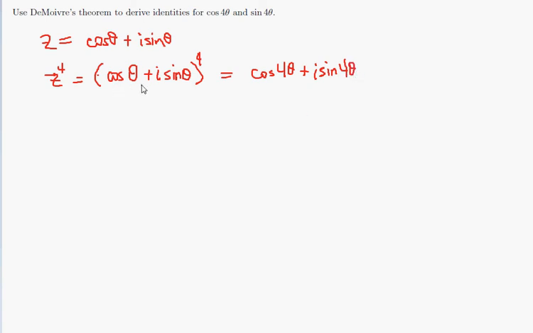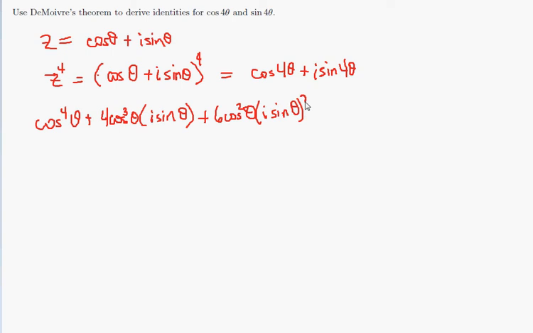Okay, now let's see what happens if we just simply multiply out the left-hand side. Using Pascal's triangle, the left-hand side is cosine of theta to the fourth power plus 4 cosine cubed times i sine theta plus 6 cosine squared theta times i sine theta squared plus 4 cosine theta times i sine theta all to the third plus i sine theta to the fourth.